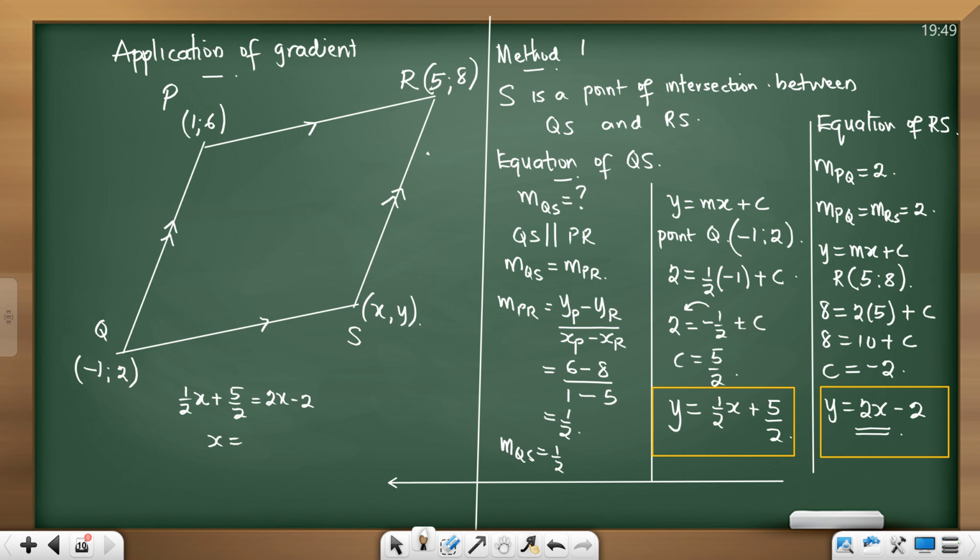Anybody? Value of x? Oh, this is so long. It's taking our time, but it's good. We're learning and picking up a few mistakes. All right. Keep working.